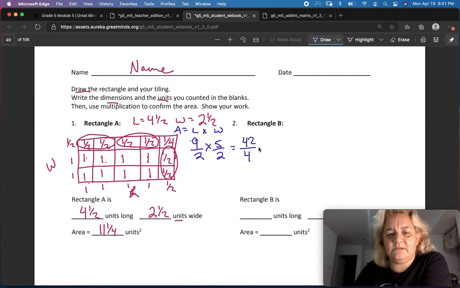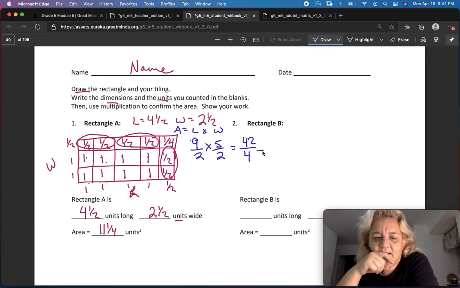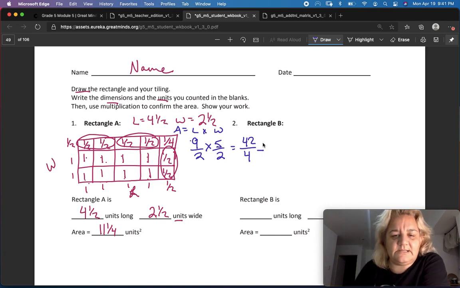45/4, which would equal, wait a minute, is that right? Seems like I did something wrong there. 1, 2, 3, 4, 5, 6, 7, 8, 9, 10, 11 and 1/4.